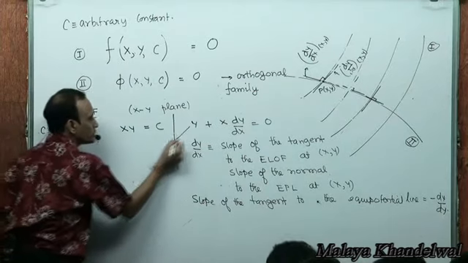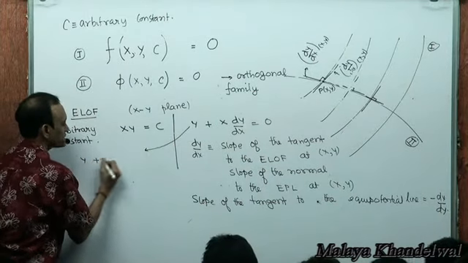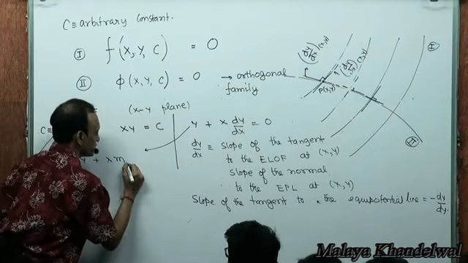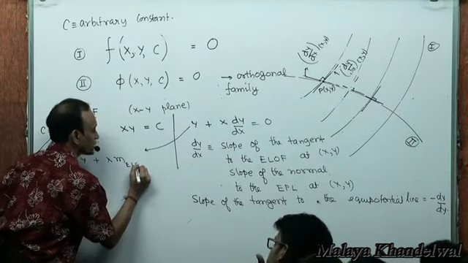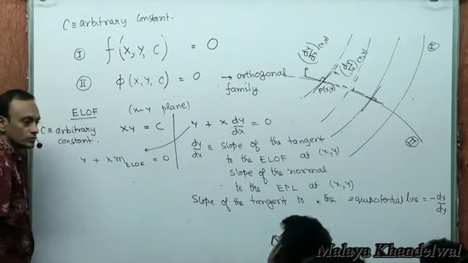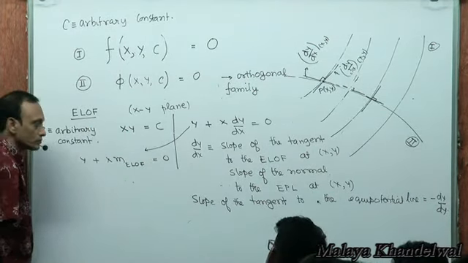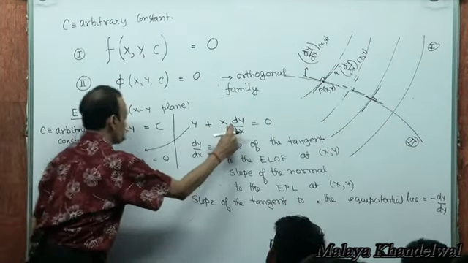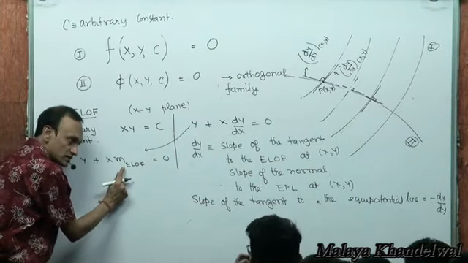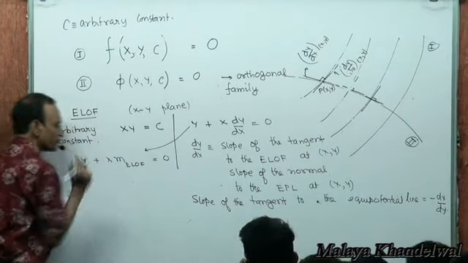So the equation of this is what? Y plus x into the slope of the equipotential, slope of the electric line of force equal to 0, right? M is dy/dx, the slope of the electric line of force.